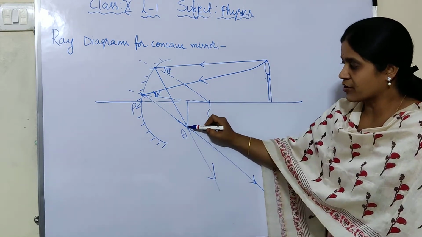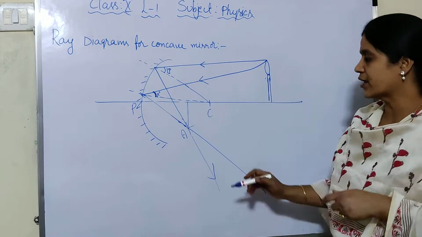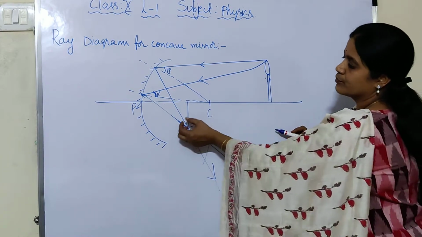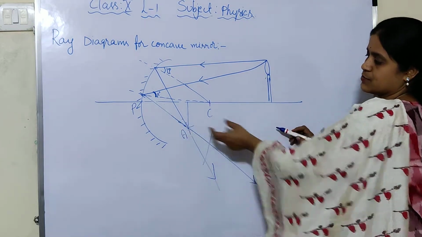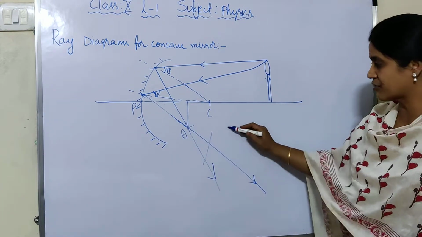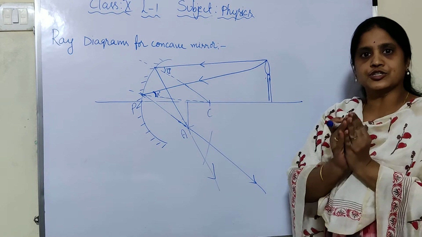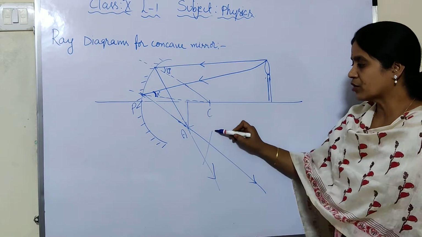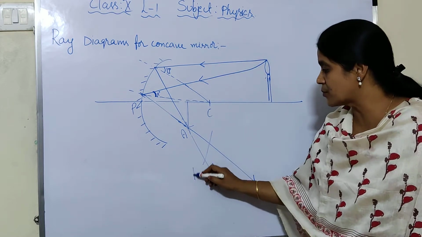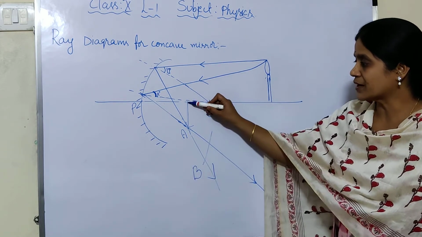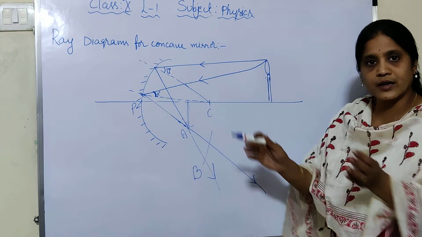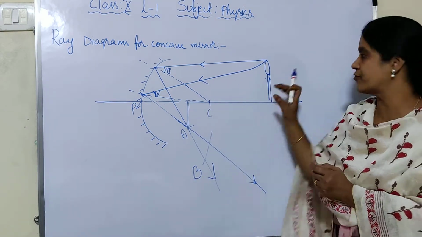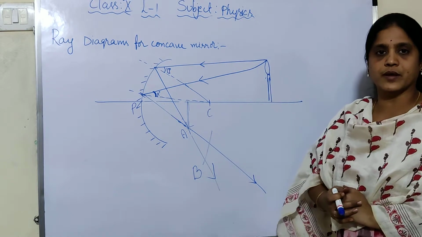Instead of A, if you place the screen before or after this point A, will you get a sharp image? No, we will not get a sharp image. This is the point B. When you place the screen at A, you can catch the inverted image of the tip of the flame on the screen.